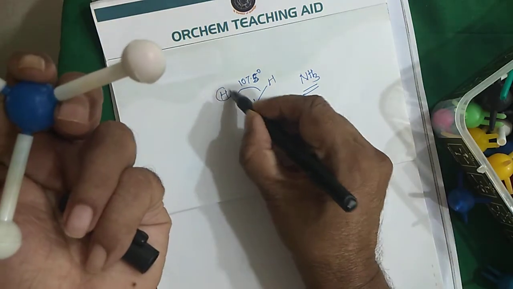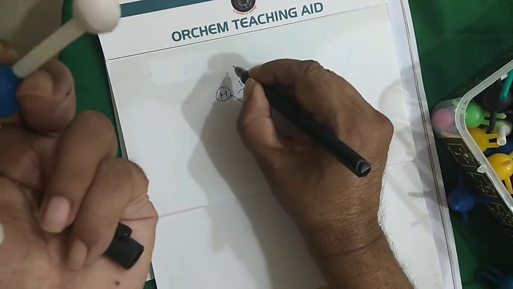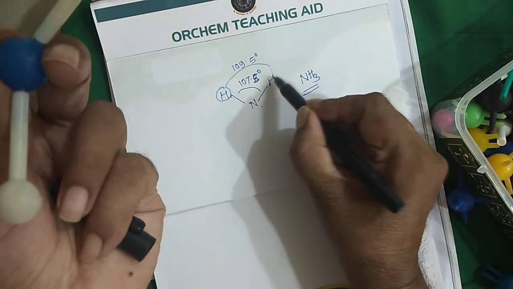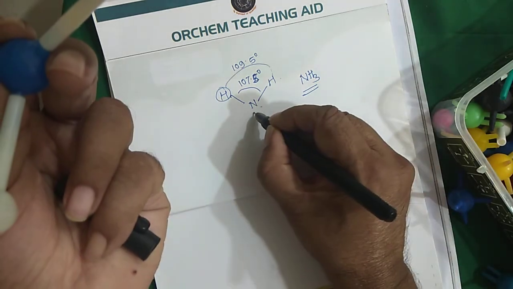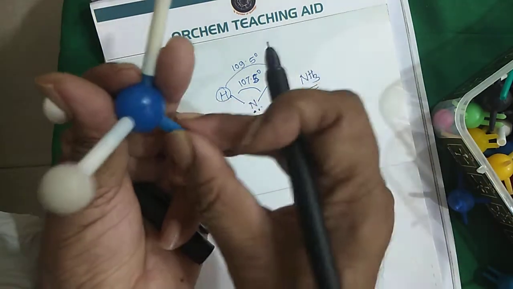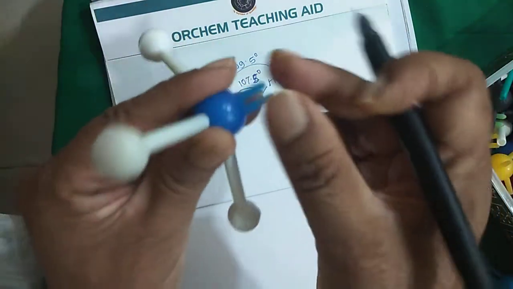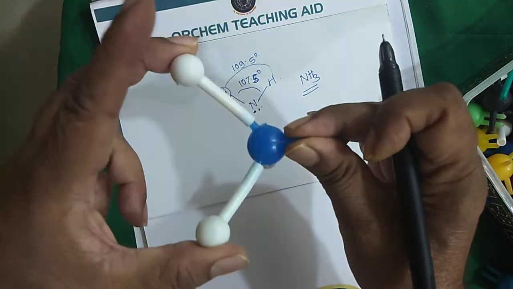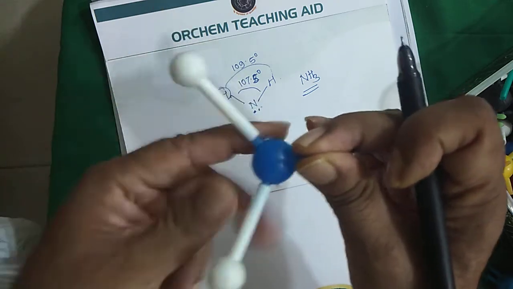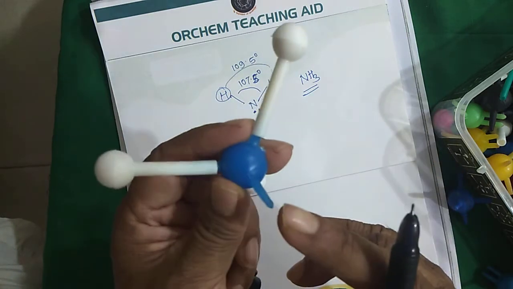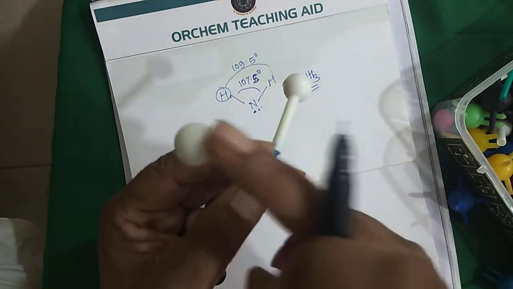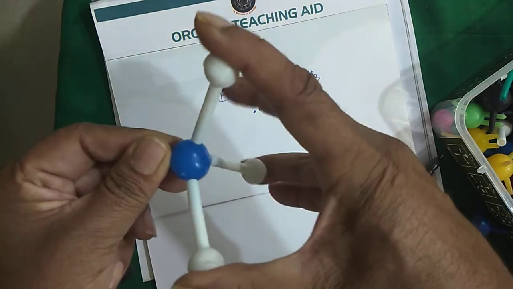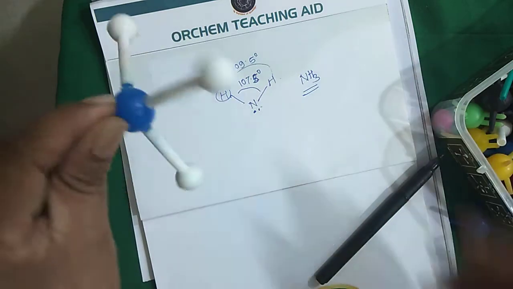It is expected that the H-N-H bond angle should be 109.5 degrees, but due to the force of repulsion exerted by the non-bonding pair of electrons on the 3 N-H bonding pairs of electrons, this bond angle is slightly reduced.